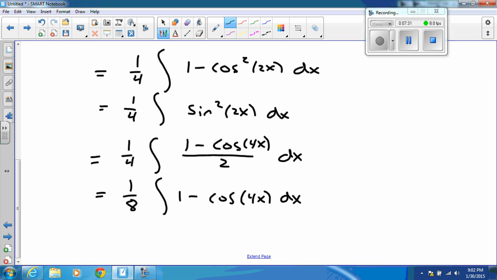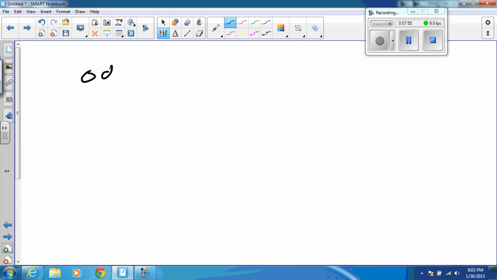So that when the dust settles, I have finally worked my way down to the point where I have an integrand that can be done by inspection, like so. These are much more of a pain in the neck than the odd powers of sine and cosine.